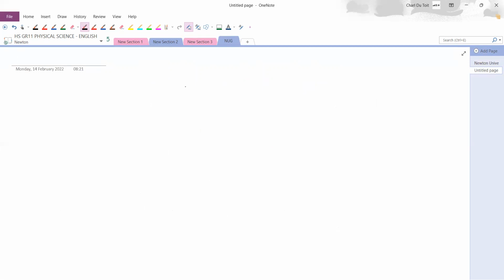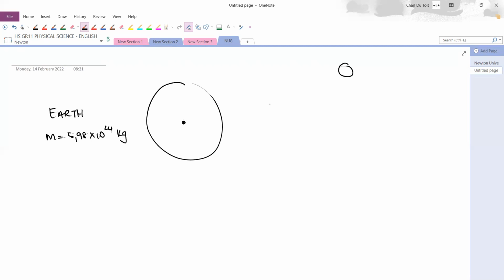So now I've got the earth here. Okay. Earth has a mass. Let's say earth, the mass equals 5,98 times 10 to the power of, I think it's 24. You get that on a little sheet as well, a formula sheet. Let's say there's a satellite here, and it has a mass of 5,000 kilograms.